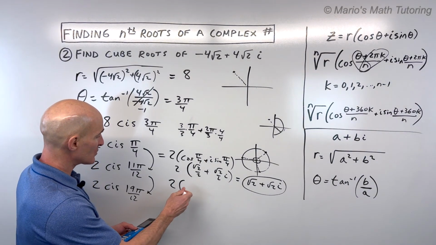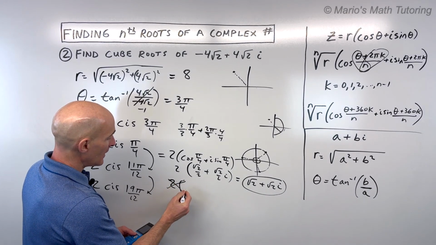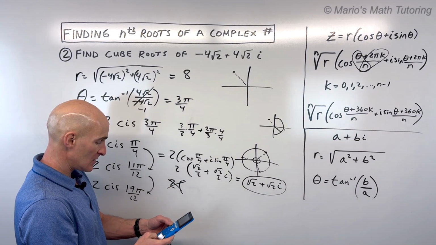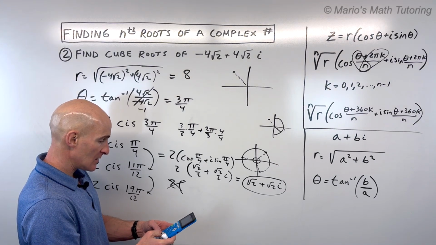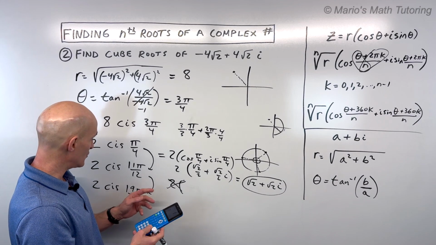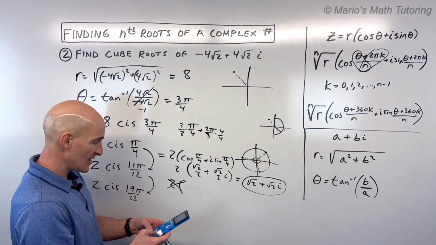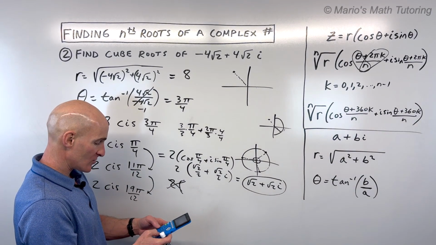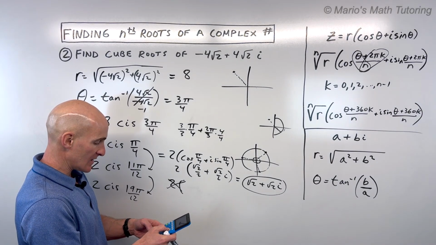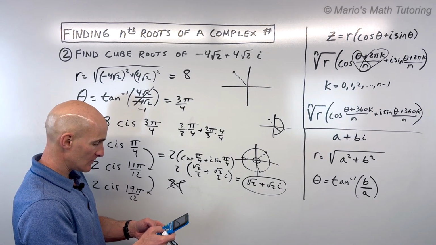Let's do 11 pi over 12: 2 cosine 11 pi over 12 and 2 sine 11 pi over 12.